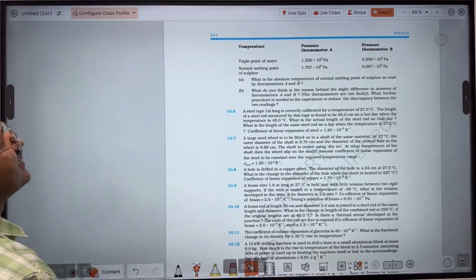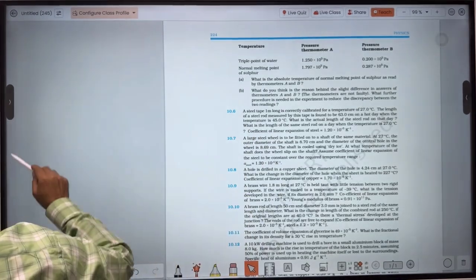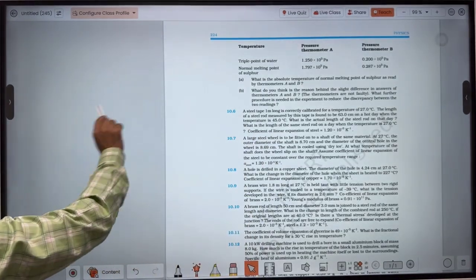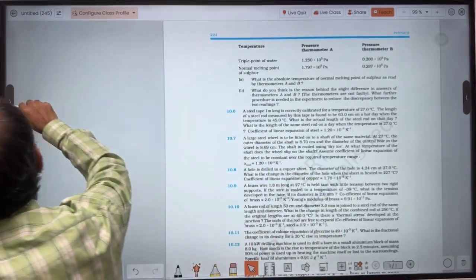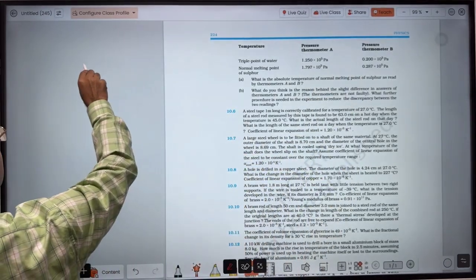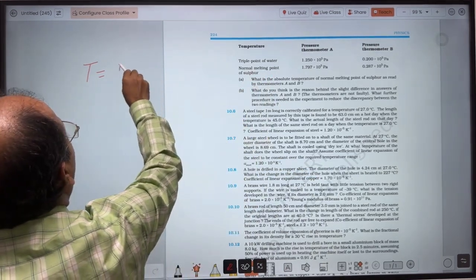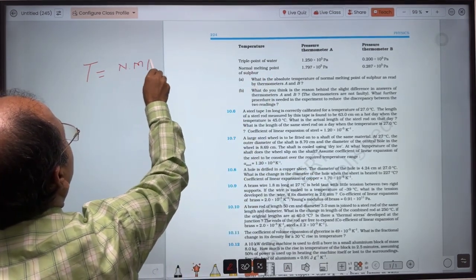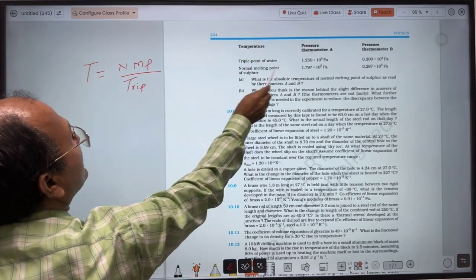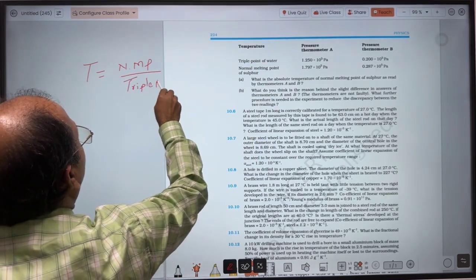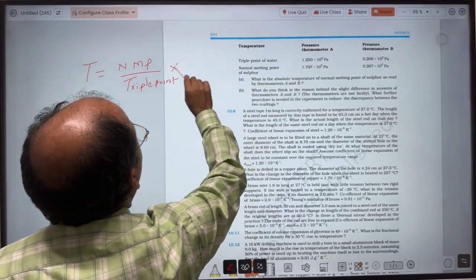Correct? Did you understand what is our purpose? The purpose was to find T, a temperature, right? What is absolute temperature of normal melting point of sulfur? So absolute temperature can be found by applying just this formula: normal melting point divided by triple point of water on this scale, multiplied by actual triple point of water in degree centigrade.